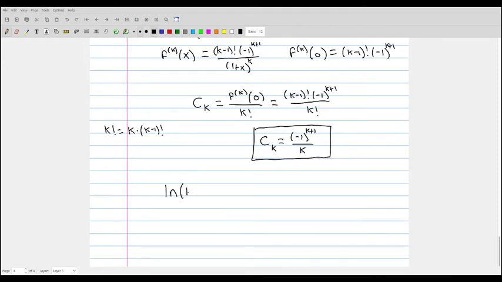So ln of 1 plus x is equal to the summation from k equals 1 to infinity of negative 1 to the k plus 1 over k times x to the k.